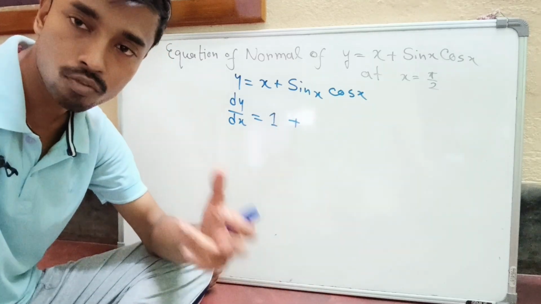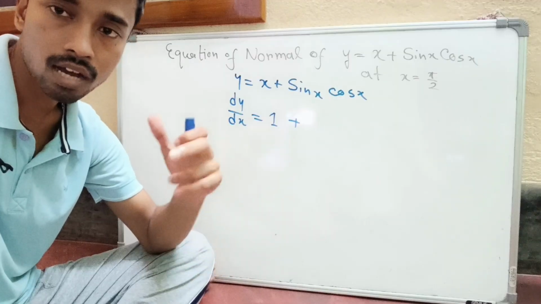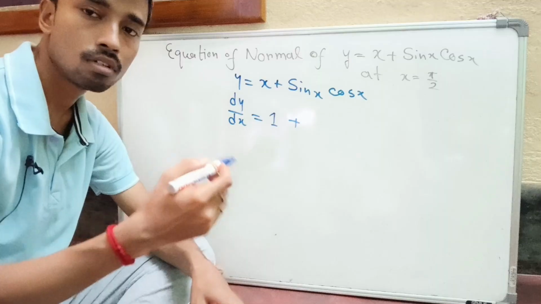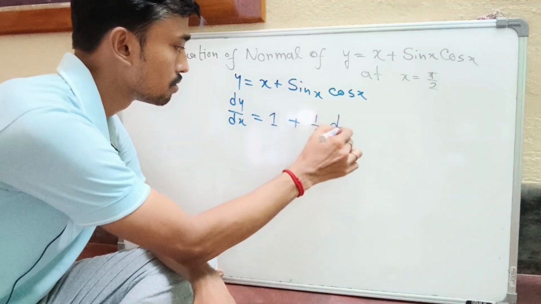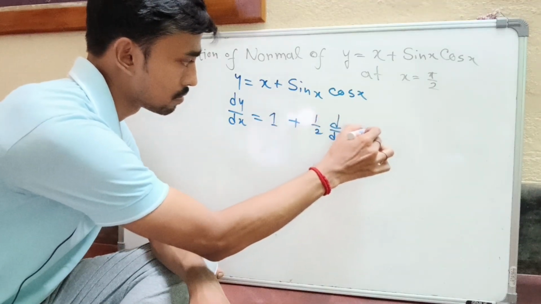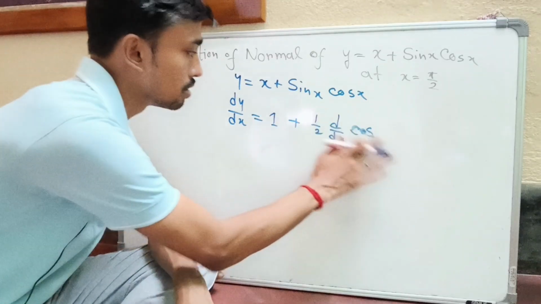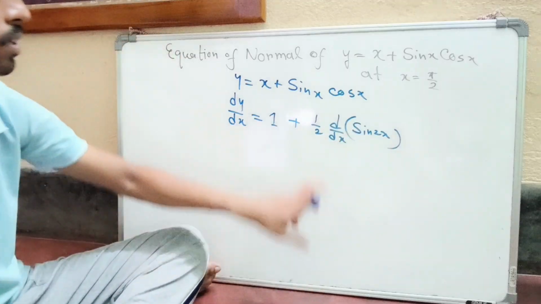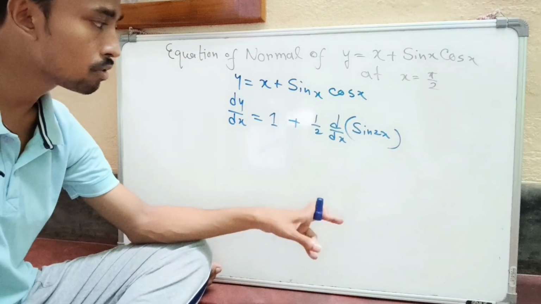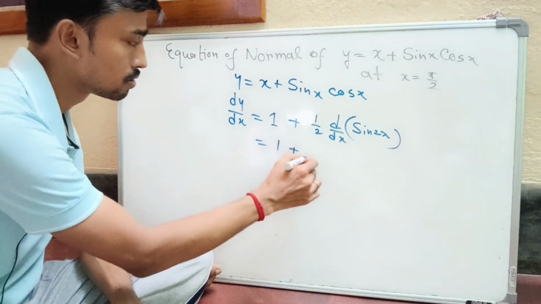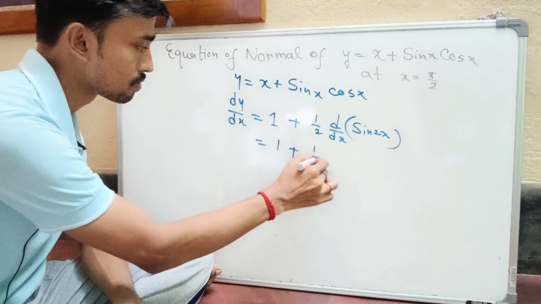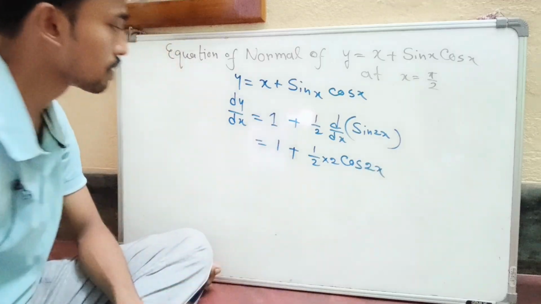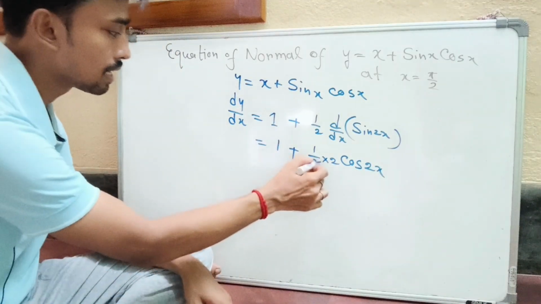If I multiply by 2 and divide by 2, that becomes half sin 2x, because 2 sin x cos x equals sin 2x. So we take the derivative of sin 2x, which gives cos 2x. That is the dy by dx, and cancel 2 by 2.